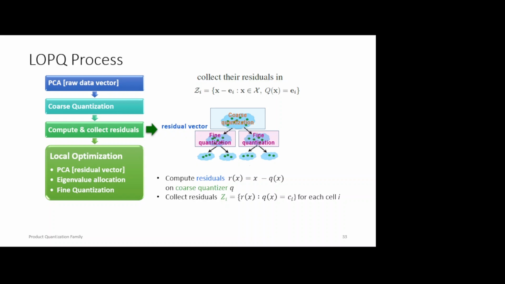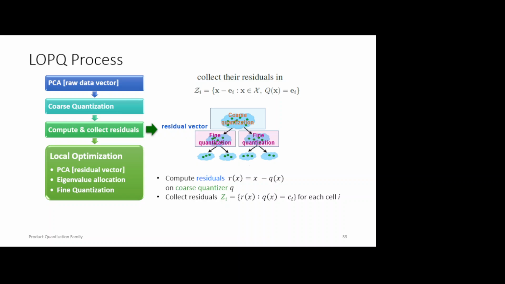Here is an example figure. In our second step, we apply the coarse quantization, and then after that, you can collect the residual for each cluster. Suppose we divide the data into two clusters.